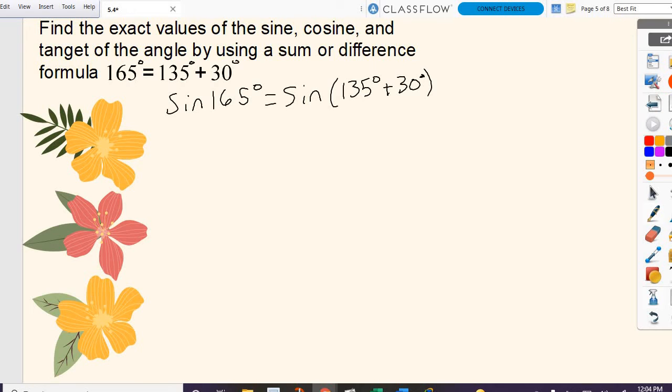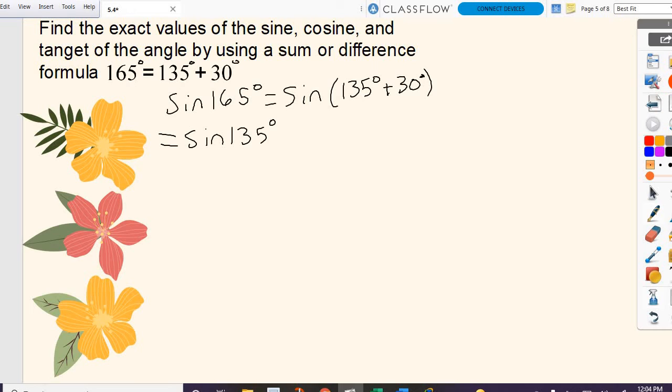Okay. So what's the thing that we need to remember with 135 degrees? What's our reference angle? 45, but it's in our second quadrant, so what does that mean? Cosine needs to be negative.